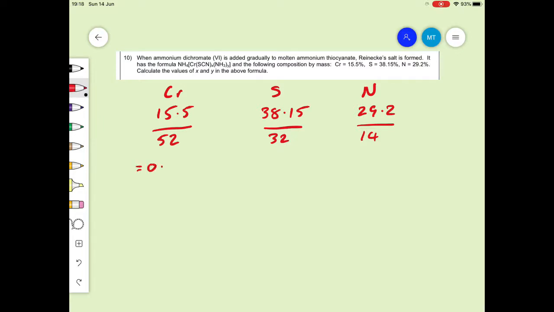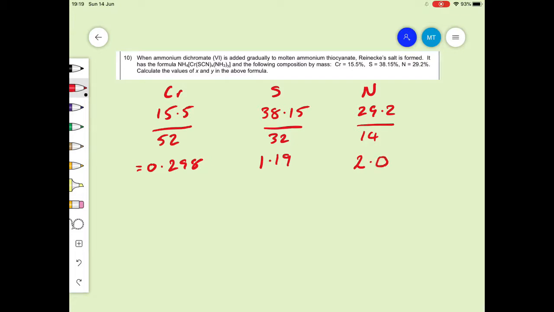That should equal 0.298 moles of chromium, this one should be 1.19, and this last one is 2.09.